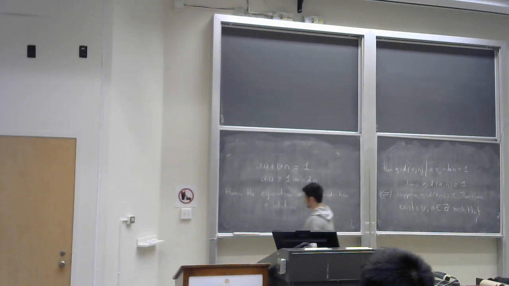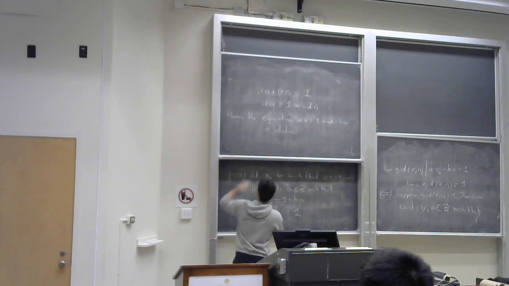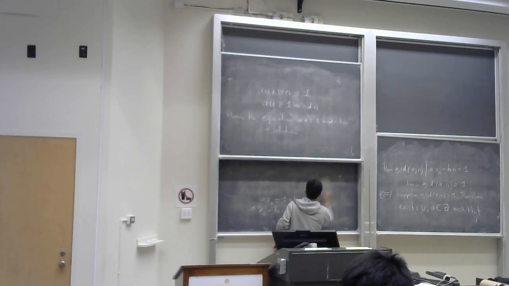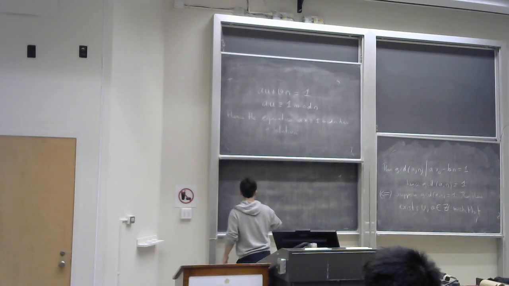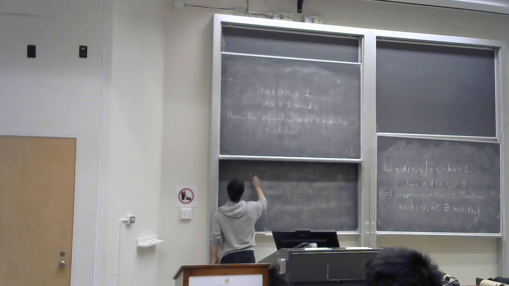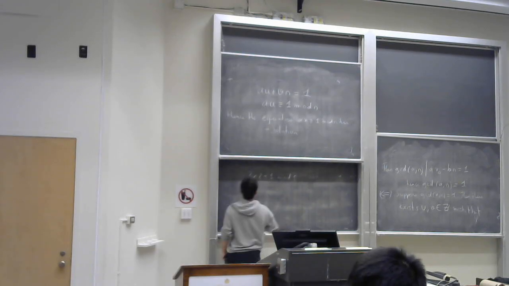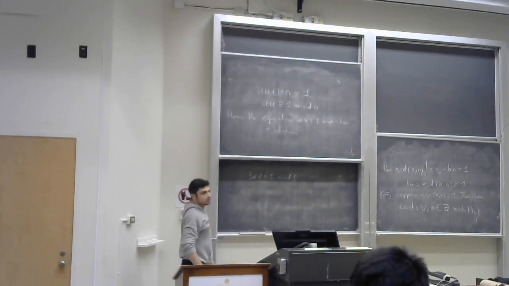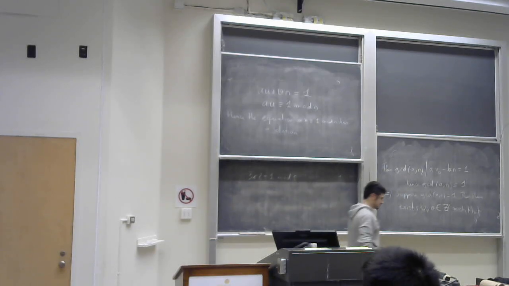Okay, let's try to see that. Let's give an example. Mod 5, for example, is 3 co-prime to 5? Yes. So what's the inverse of 3 mod 5? 3 times 2 is congruent to 1 mod 5. Is 7 co-prime to 9? Yes. What's the inverse of 7 mod 9?